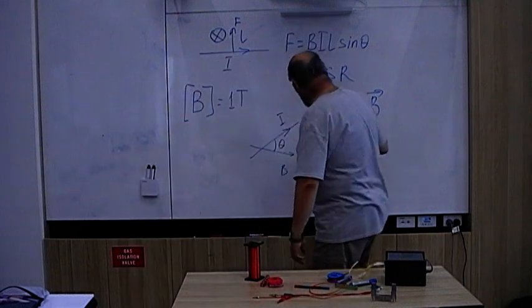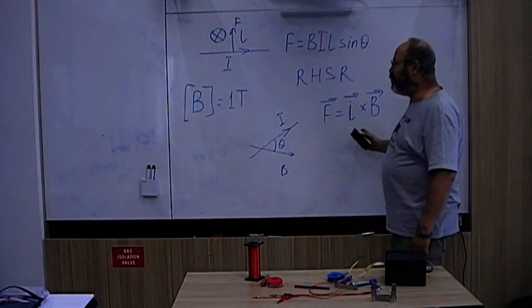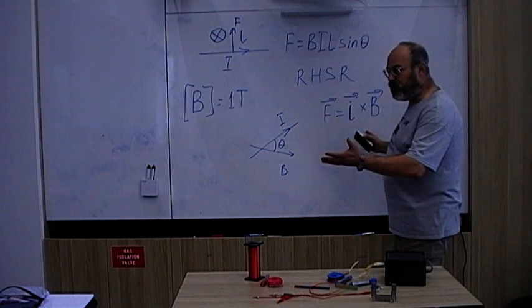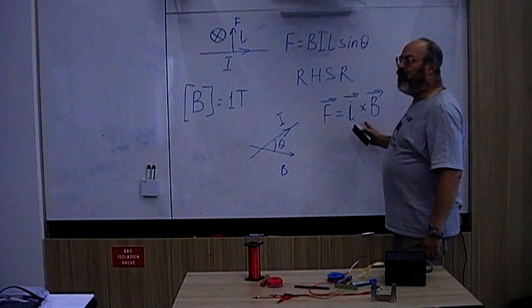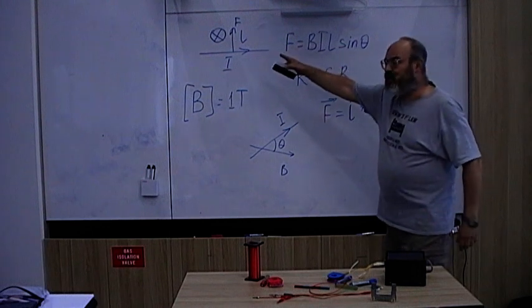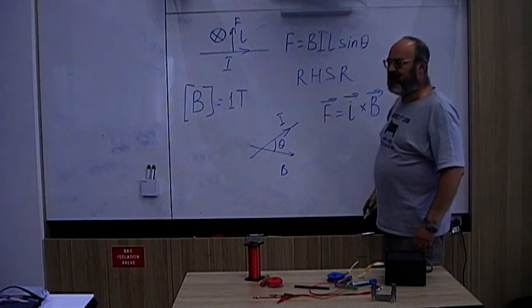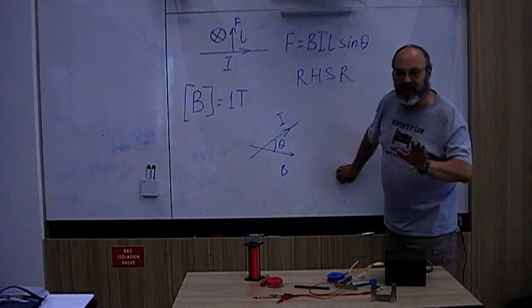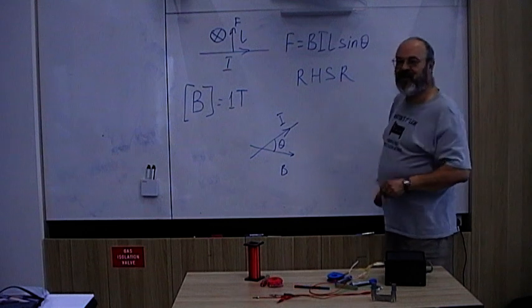If you identify the direction using this rule, you have already done the cross product. But don't worry about the cross product if you are not learning it, at least this year.